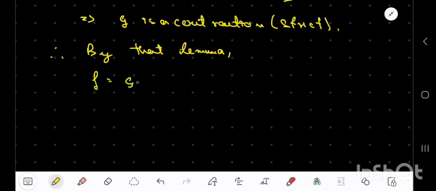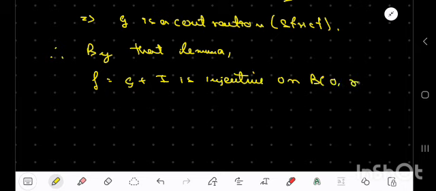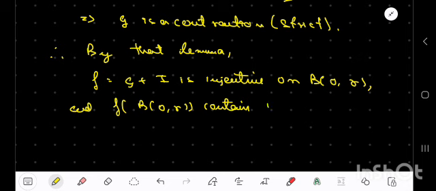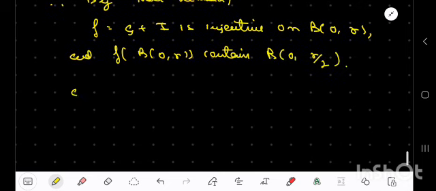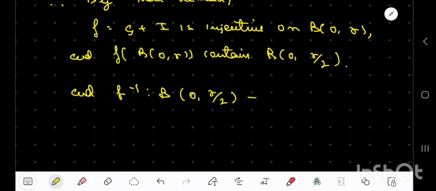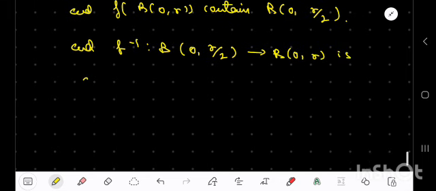Now f is nothing but g plus I. So this is injective on B(0, R), and the image of the ball contains the ball of radius r by 2, and then f inverse from B(0, r/2) to B(0, R) is defined on this ball.